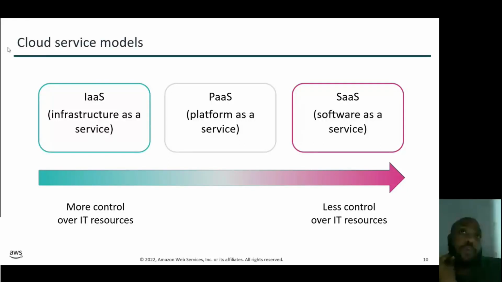Another thing is platform as a service. Platform as a service is where you could go ahead and do a bunch of stuff. If you have heard of Beanstalk, AWS has something known as Elastic Beanstalk.